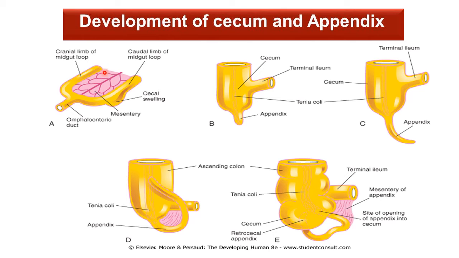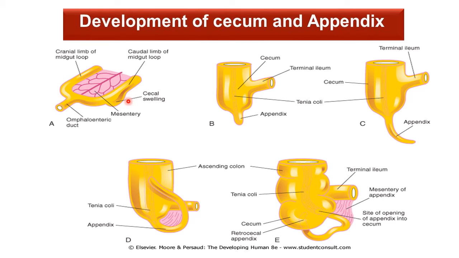That mesentery is attached to one side of the gut wall, the mesenteric border, and the opposite part of the gut, which does not have the attachment of mesentery, is known as the anti-mesenteric border.